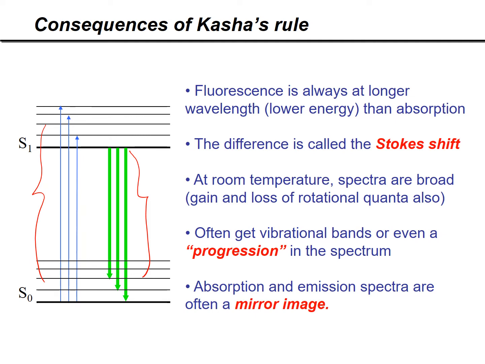So the full emission spectrum will contain photons from this transition, from this transition, and from this transition. And you can see these all have different amounts of vibrational energy involved in them. And because of the size of these vibrational levels, here and here are quite similar, absorption and emission spectra are often a mirror image.